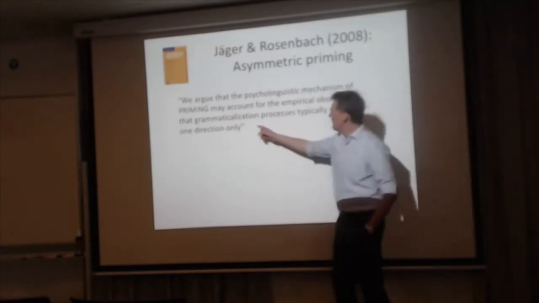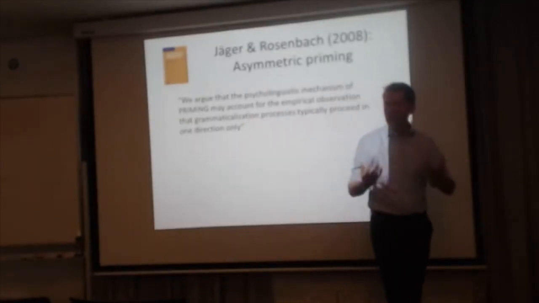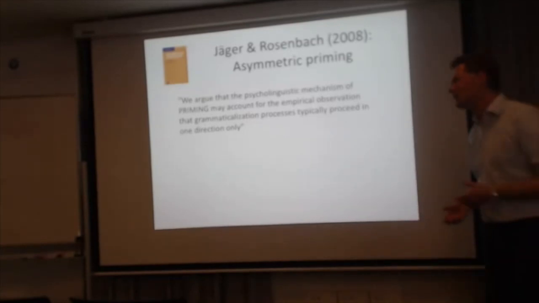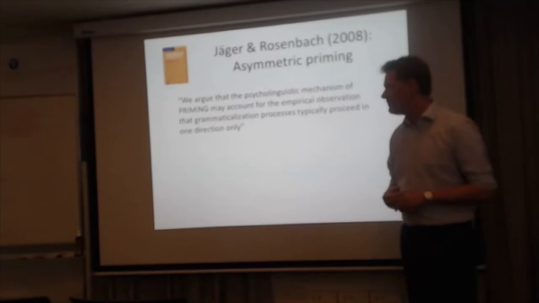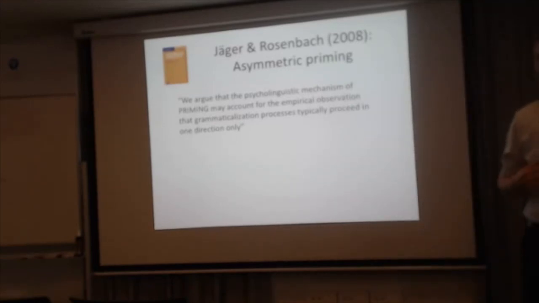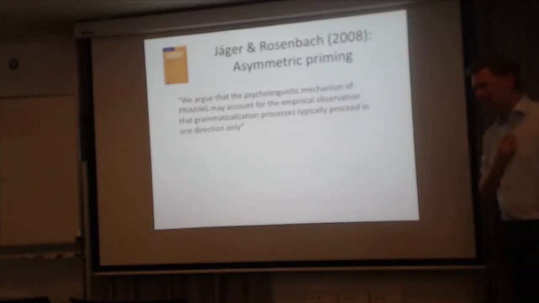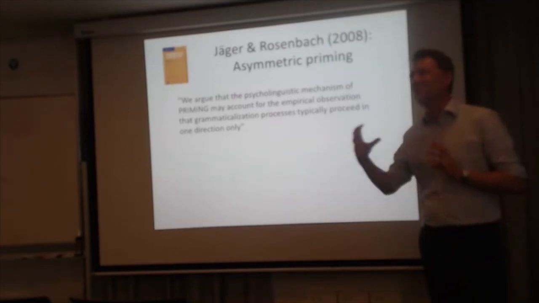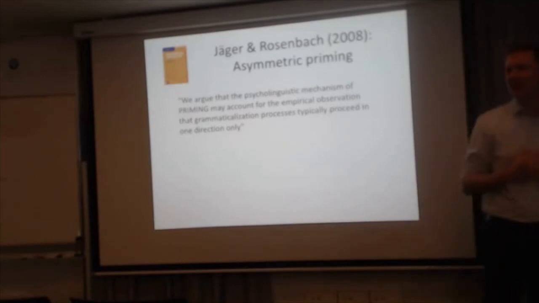All right, so grammaticalization, that's the emergence of grammatical markers such as tense markers, aspect markers, grammatical constructions like cleft sentences, relative clauses, all that kind of stuff. And in grammaticalization, there is the empirical tendency for things to develop unidirectionality, that is, in one direction only.